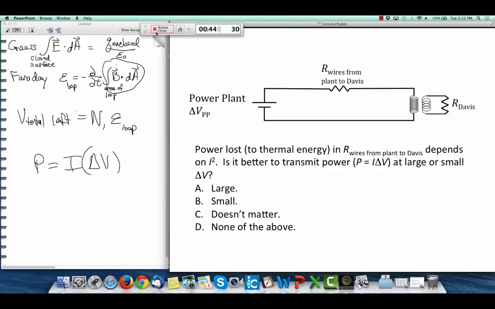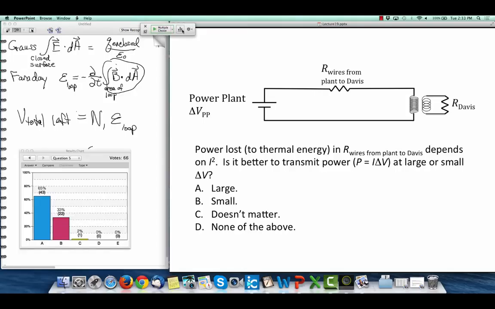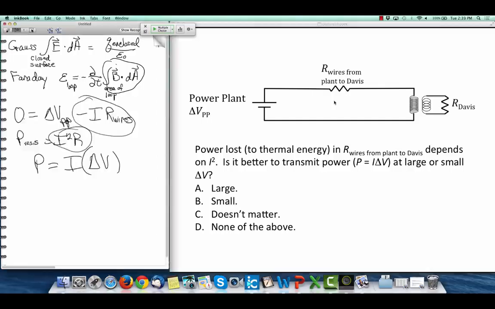Should power be transmitted at high voltages or at low voltages from PG&E in those long lines that go through the countryside? So the main answer is large voltages, although there's a significant group that says small voltages.